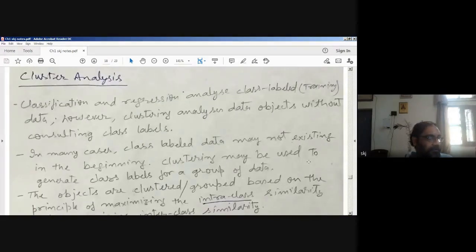Meaning is that when we take the issue of classification, we have knowledge in advance about the objects. Their labels, their class names we know. But in case of clustering, we do not have any such knowledge. And even then we want to classify them, or we want to develop a model so that they could be classified.